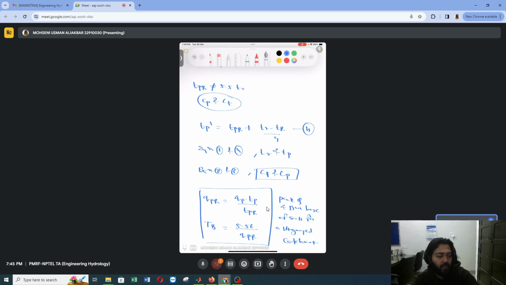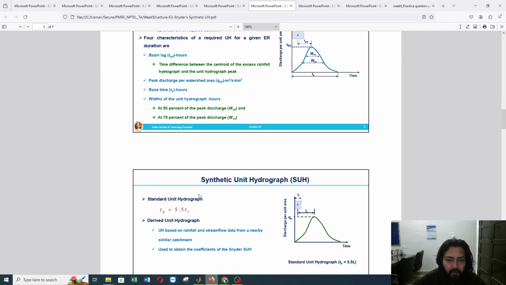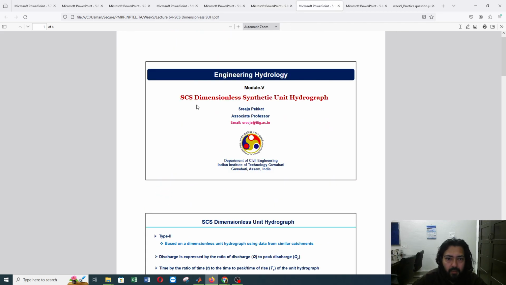So this is how we can use the synthetic unit hydrograph based on Snyder's, right? There is another approach which we can use, and that approach is based on the dimensionless SCS method, the SCS dimensionless synthetic unit hydrograph.